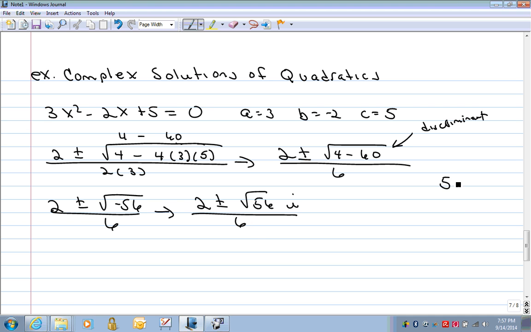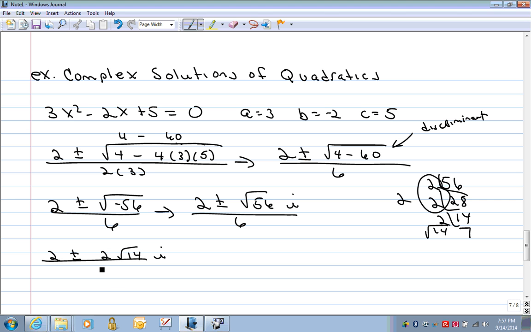So I'm going to go over here and use my little prime factors. 56 divided by 2 would be 28, divided by 2 would be 14, divided by 2 would be 7. Okay, I can only take out pairs. I have a pair of 2s, so the 2 will come out. 2 times 7 is 14, which will stay under the house. So I now have 2 plus or minus 2 square roots of 14i all over 6.